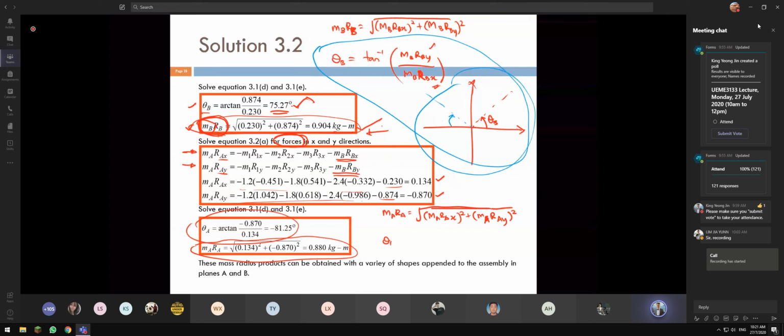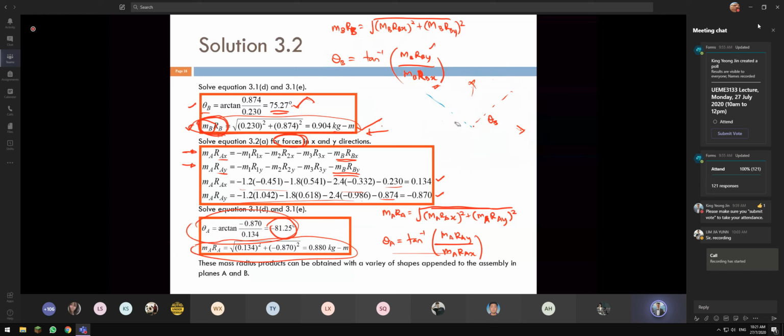Then theta A is again the inverse tangent of MARAY divided by MARAX. Now you calculate, and you will get a value of negative 81.25. So I take down this.